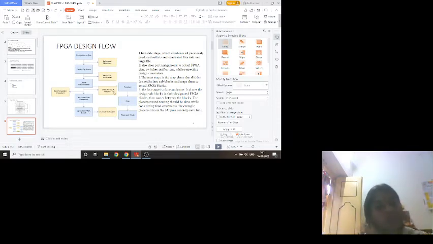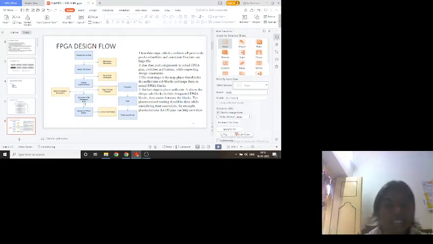Here the design implementation part consists of translation, mapping, and then placement and routing. After translating the code into a gate level netlist, comes mapping into suitable configurable logic blocks, and then placement and routing of the logic onto the FPGA board. After performing all these 3 steps, a bit file will be generated.